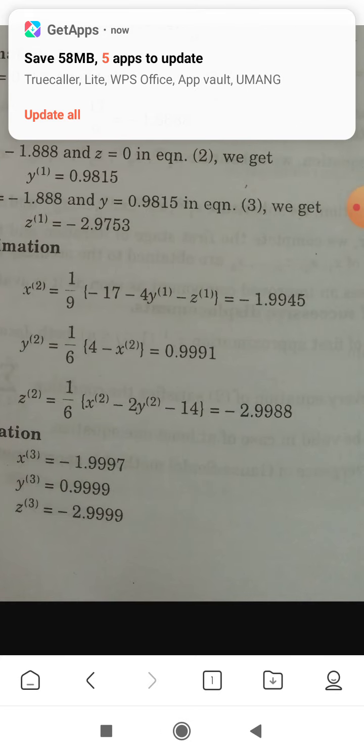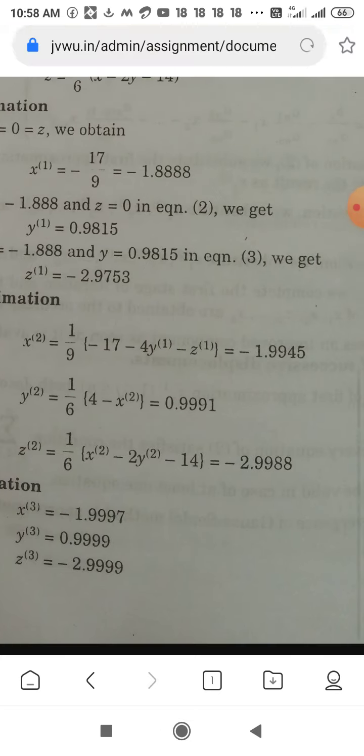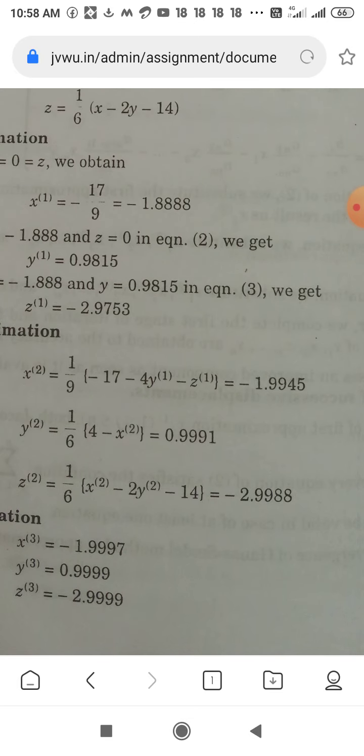Now the second approximation, that will be x2. x2 is equal to 1 upon 9 bracket minus 17 minus 4y1 minus z1, where we put the values of the first iterations y1 and z1. Putting these values, we get x2 is equal to minus 1.9945.